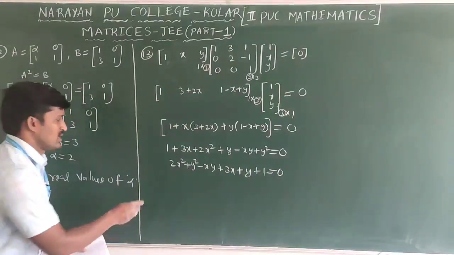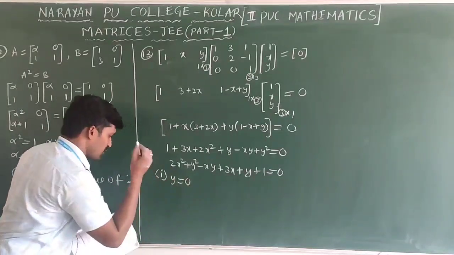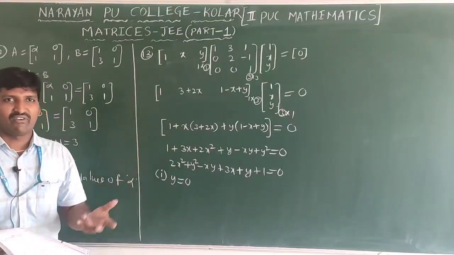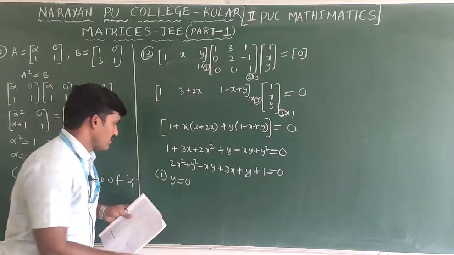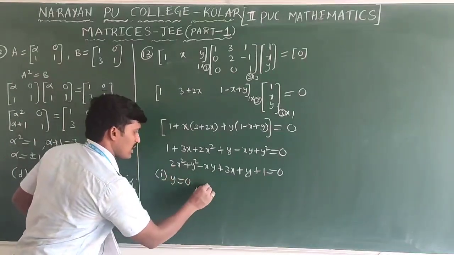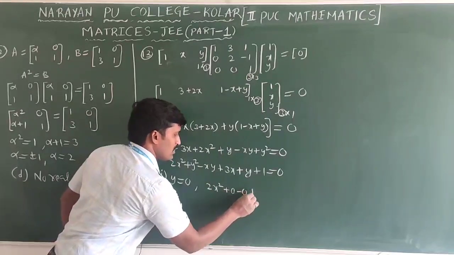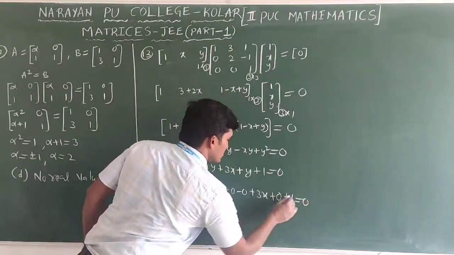Now first they gave y equal to 0. At y equal to 0, what x value will we get? What type of value: rational, irrational or integral? Now substitute in this equation: 2x square plus 0 minus 0 plus 3x plus 0 plus 1 equal to 0.